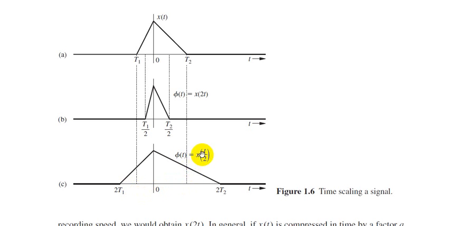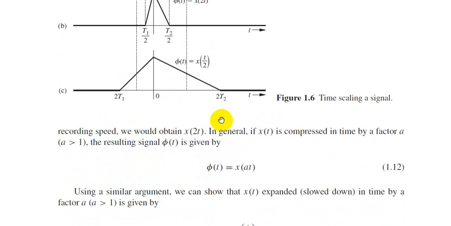Therefore, we use half. If it is 1 by 3 t, then we actually make this signal 3 times bigger in time axis than the original signal. Okay, so this is how we can visualize the scaling operation.